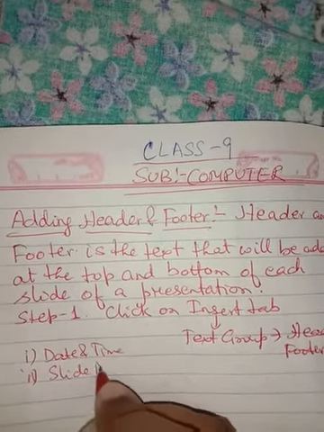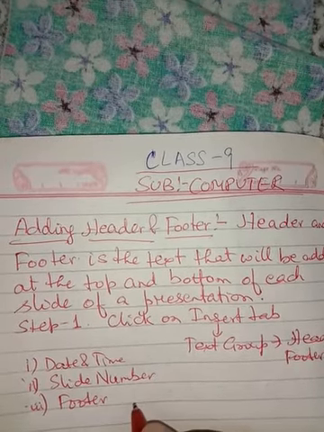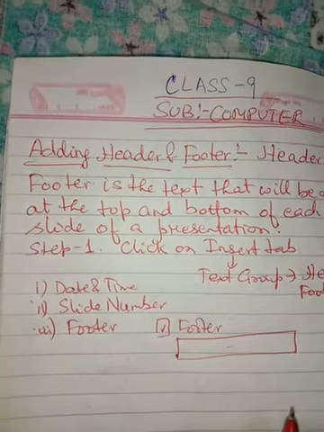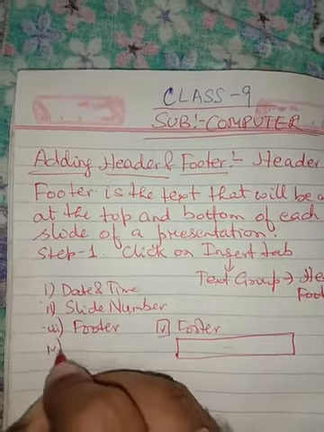We have to click on the checkbox of the footer. As soon as we click on the checkbox, we will have the text box of footer available, and we can write our content in the footer here.